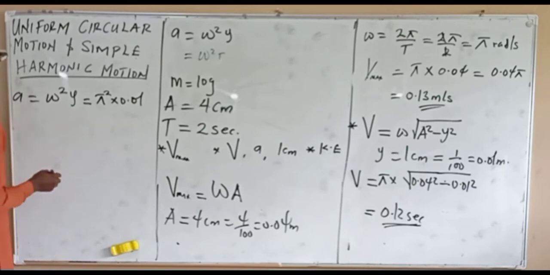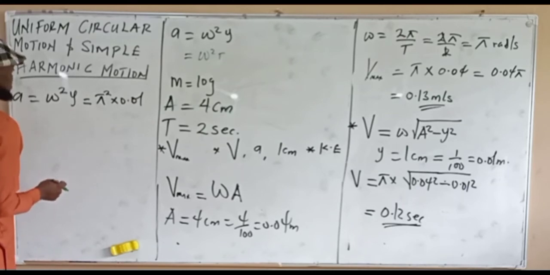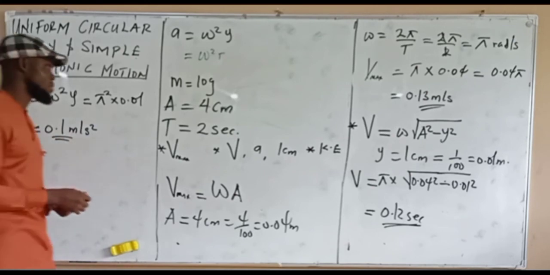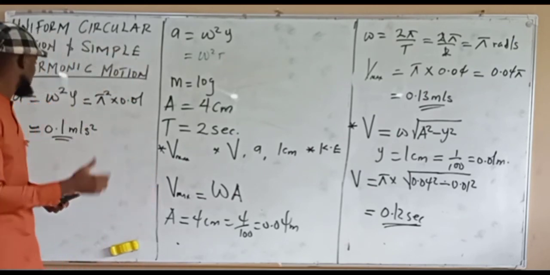If you do that very well, you have approximately 0.1 meter per second squared.